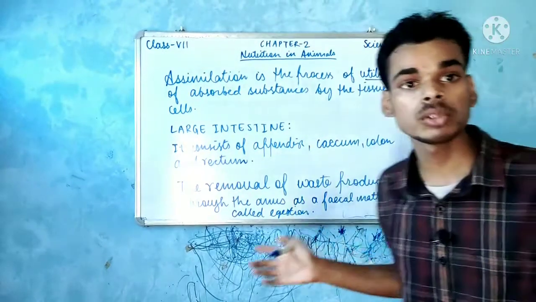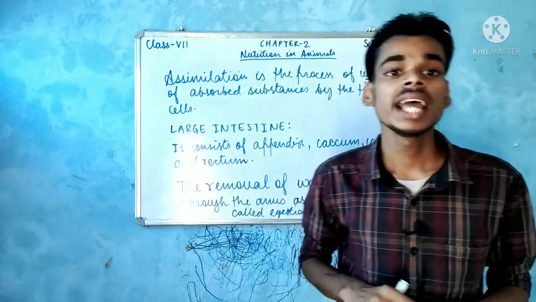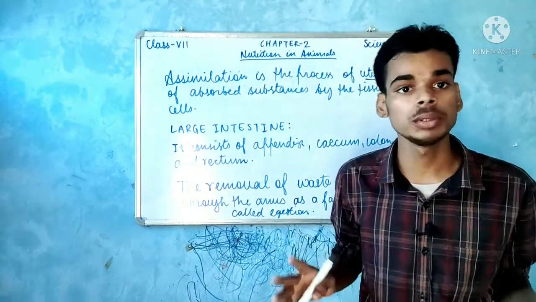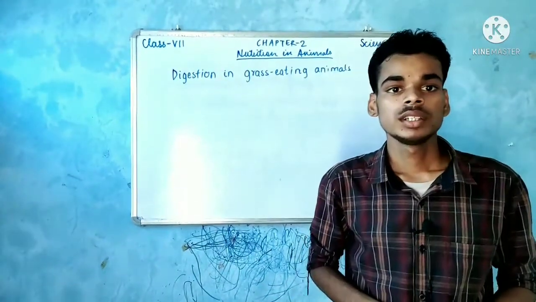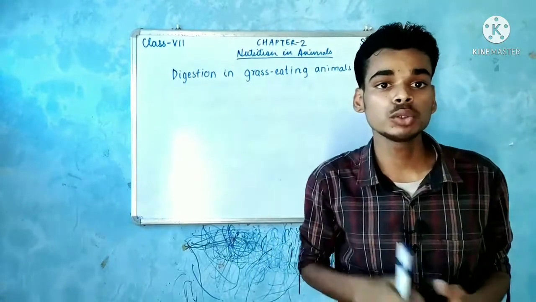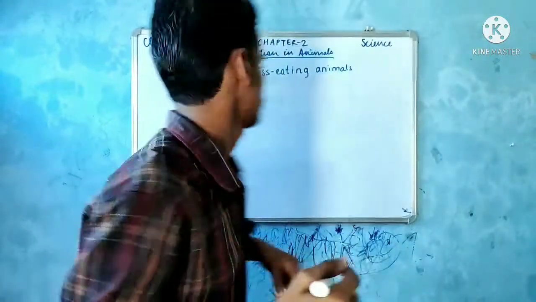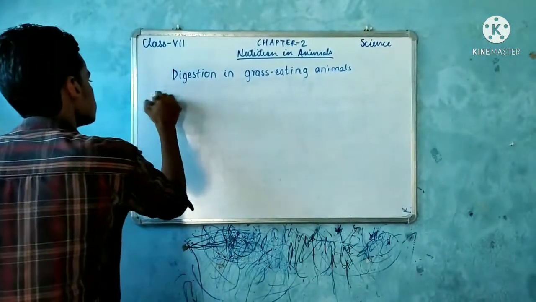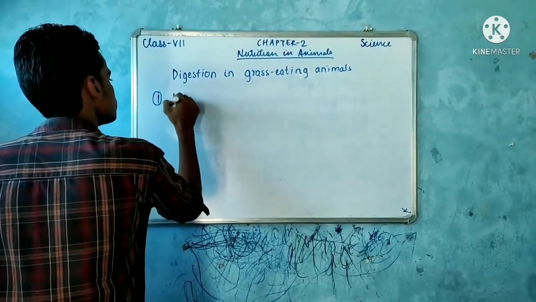Now we will talk about the process of digestion in the ruminants and the single-celled organisms such as amoeba. Before talking about the digestion in grass-eating animals, we will first try to know a few terms. So the first is rumen.